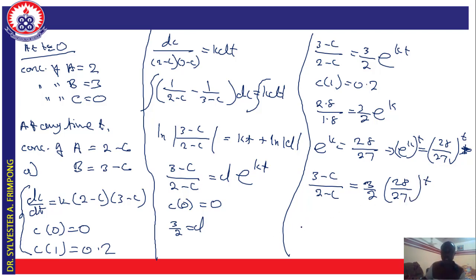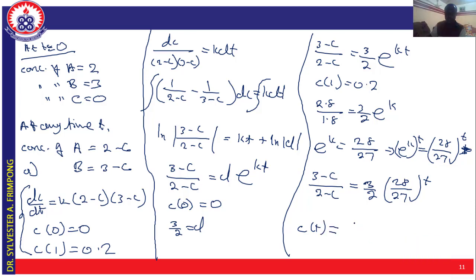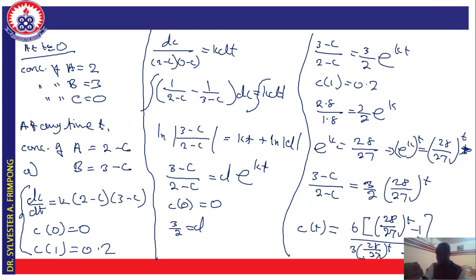And when you make C the subject, you are going to get 6 times 28 over 27 raised to the power t minus 1, the whole thing over 3 times 28 over 27 to the power t minus 2.